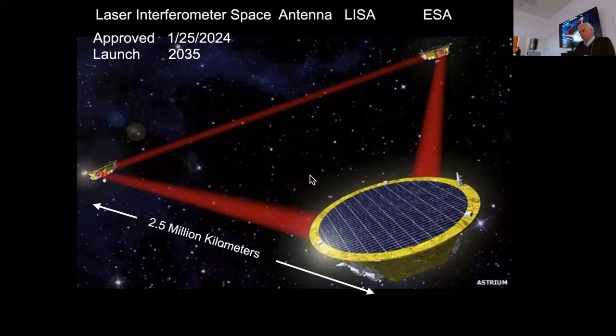In addition to detecting giant black holes, there's something I haven't talked about at all, but I'll just mention it. During the time of inflation, which we talked about last time, it's thought that it was a pretty wobbly process and there might be gravitational waves generated then.